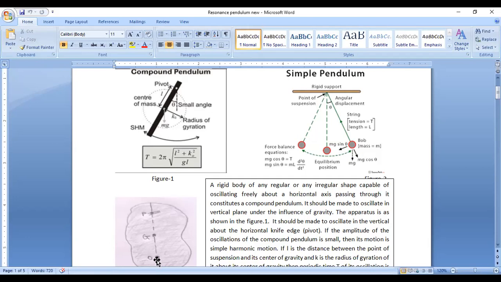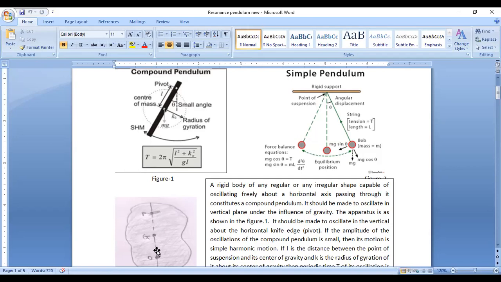That means there should be some point O. If you invert the pendulum and suspend it with respect to the horizontal axis passing through the point O, and measure its periodic time, once again you will get the same periodic time T which you calculated with respect to the point P.